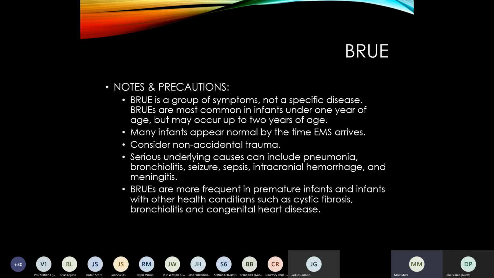Serious underlying causes can include pneumonia, bronchiolitis, a seizure disorder or one-time seizure, i.e. febrile seizure, sepsis, intracranial hemorrhage due to congenital issue and or trauma, and meningitis. Most commonly, these happen in preemies and kids that have other underlying health conditions. That's why these kids, even if appearing normal, must be transported to an ED for observation and further assessment.